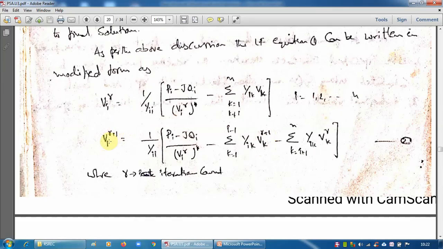Note that. Again, clearly watch. If we are calculating V5, we can substitute fresh values up to V4. That means V1 of 1, V2 of 1, V3 of 1 and V4 of 1.